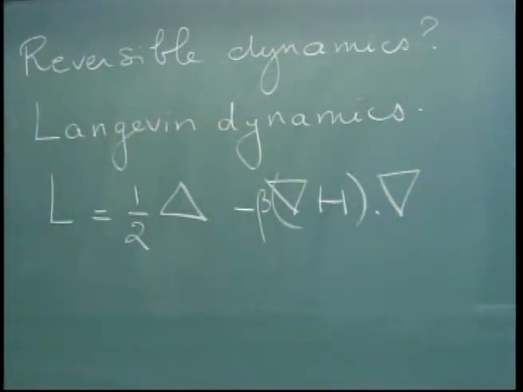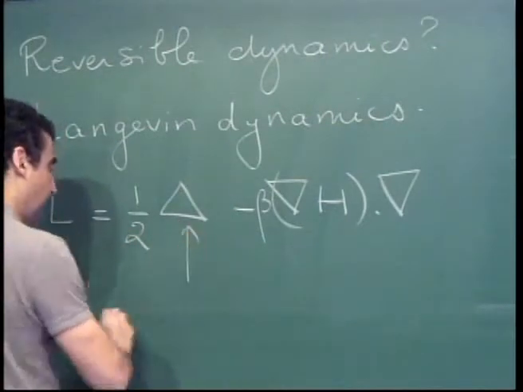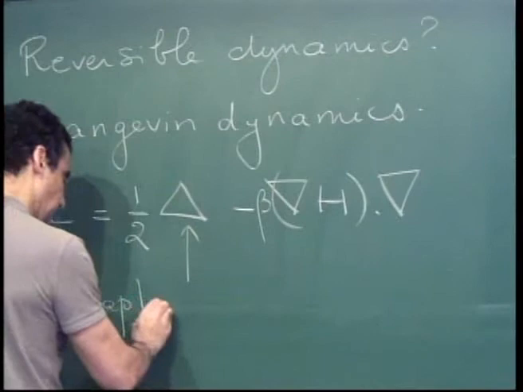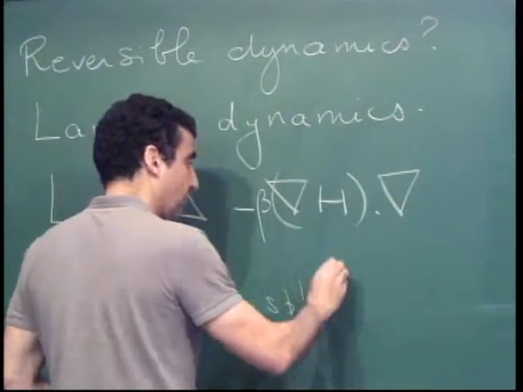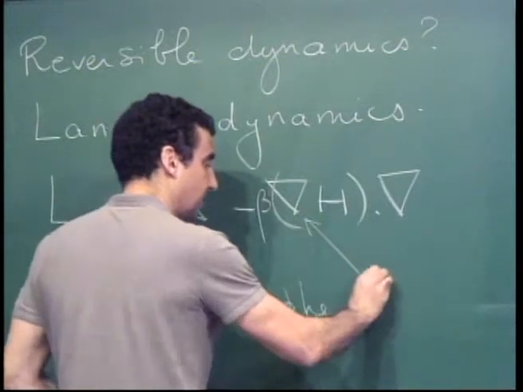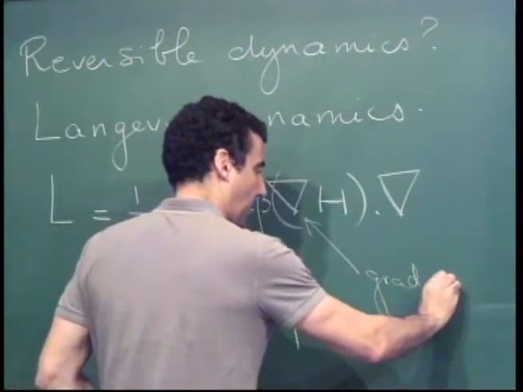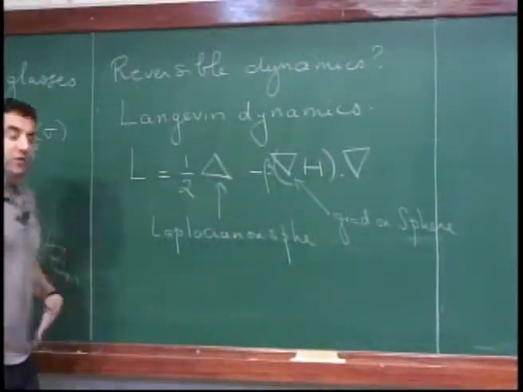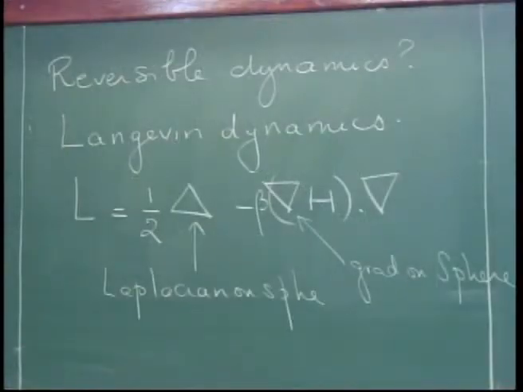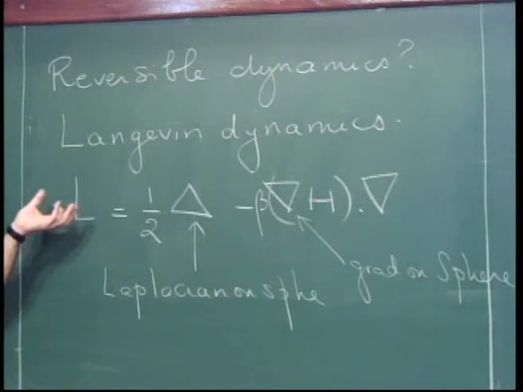Let me explain what this is. So this should be the generator of this. This Laplacian should be the Laplacian in the sphere. And this, of course, gradient should be the gradient in the sphere. So if you take this thing, then it's clear that this measure is an invariant measure for that.